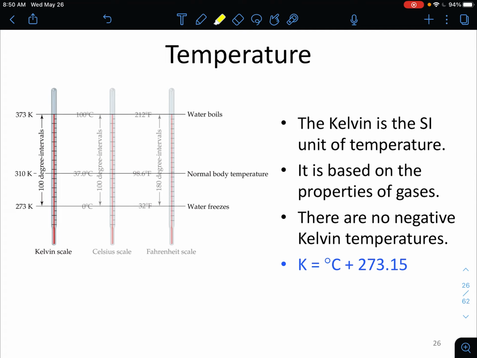And with Kelvin, officially, this is our conversion equation to go between Celsius and Kelvin, or vice versa, 273.15. And Kelvin, like I said, the purpose of it is to ensure that we never have a negative temperature. That's important for mathematical calculations, but it's kind of based on studying the properties of gases, which we'll talk about second to last towards the end of the class.